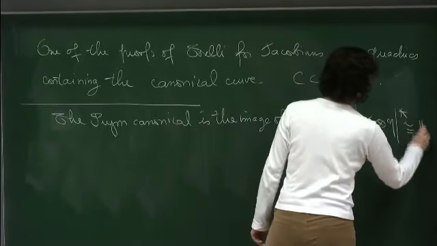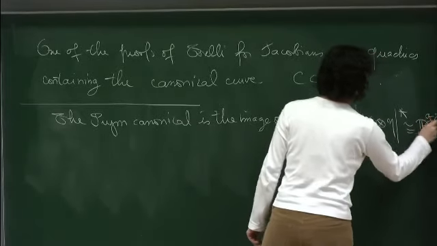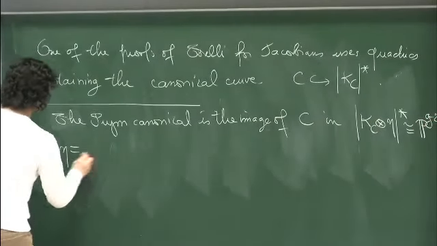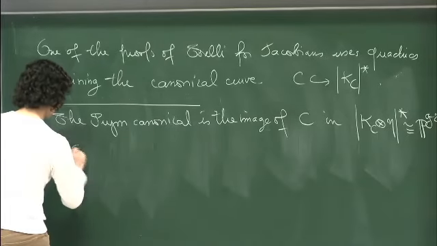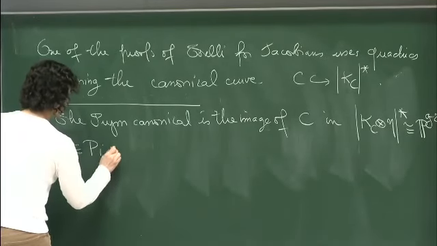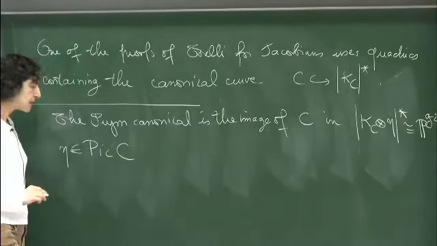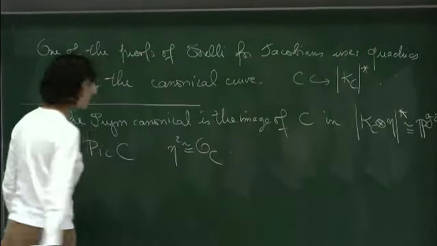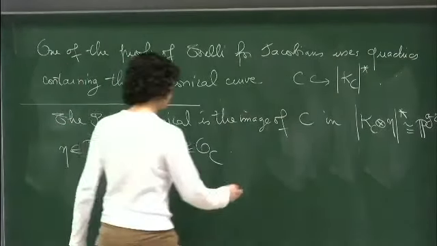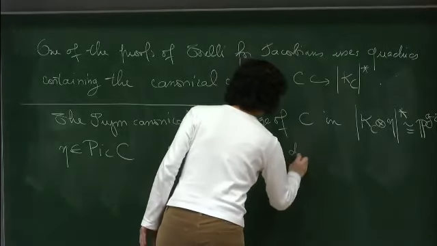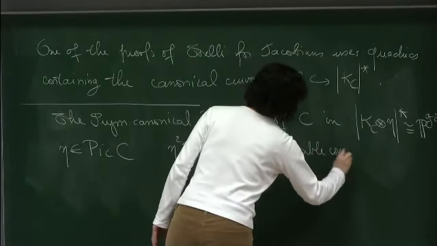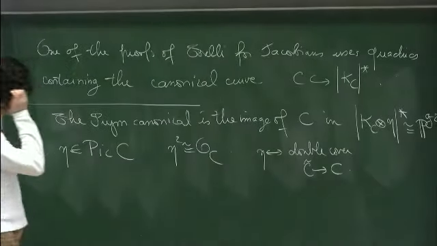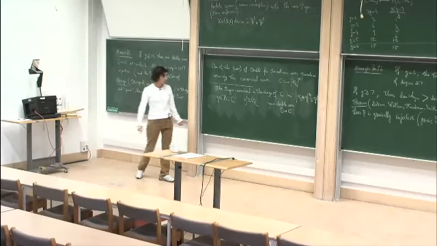This one is isomorphic to P^(g-2), and eta is the point of order 2 on C, which gives the double cover, C tilde to C. Okay, so this is the analog of the canonical curve for the Jacobian.